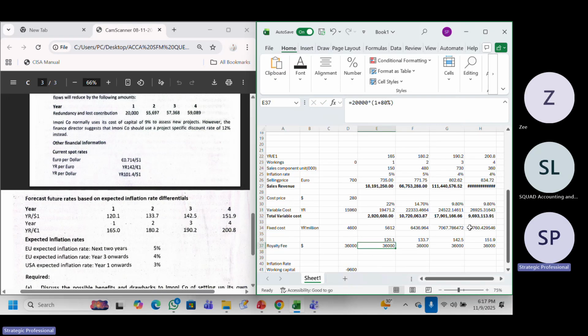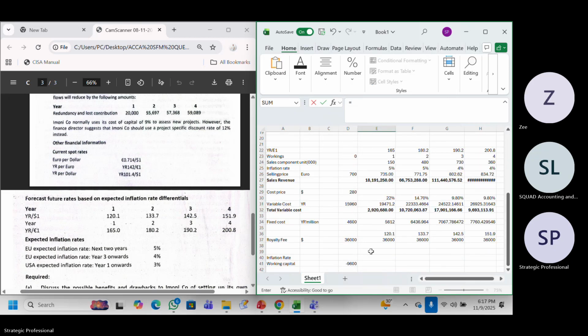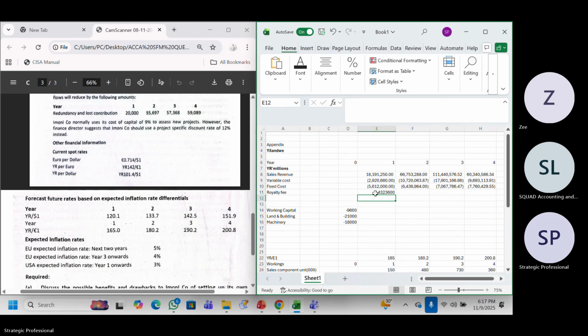We've gotten the exchange rate, we just multiply straight. So we've done the royalty fee.